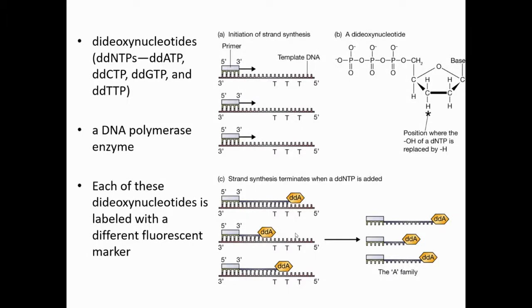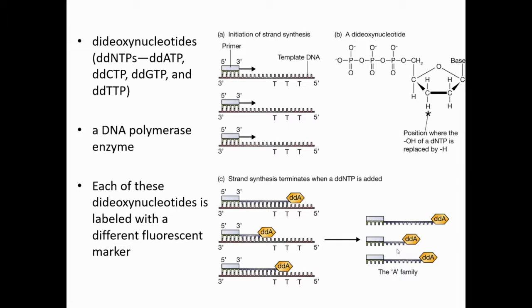For this DNA molecule, they synthesize until here, then they stop. And for this molecule, they synthesize until this second T and then stop because they incorporate the dideoxy ATP.